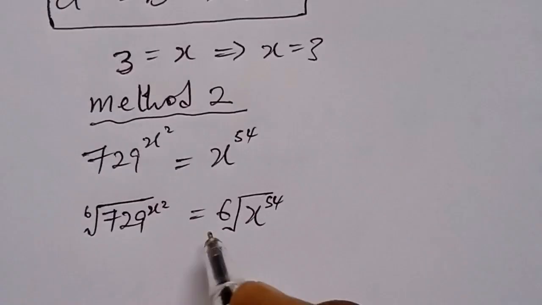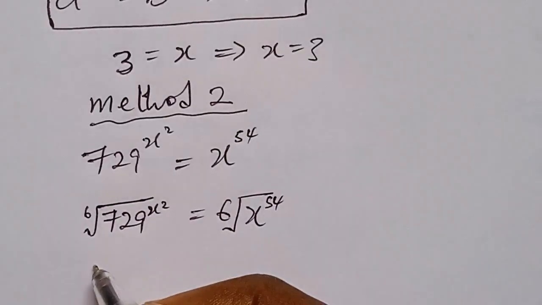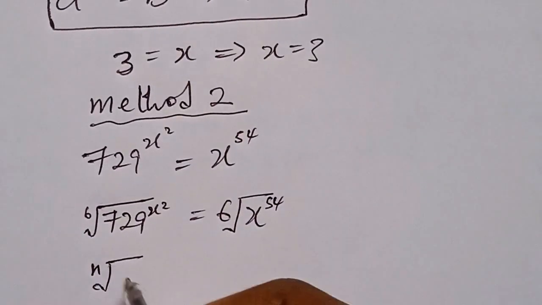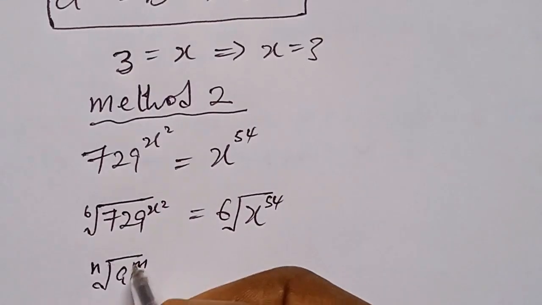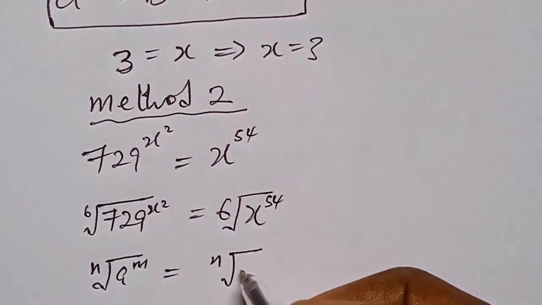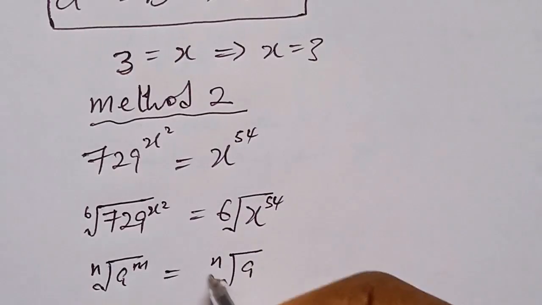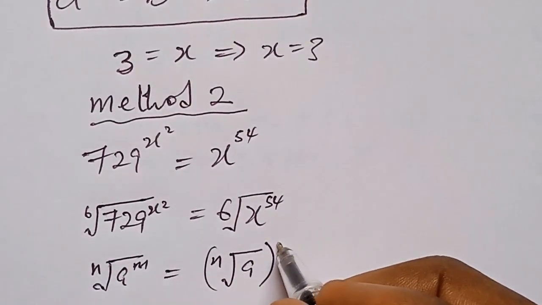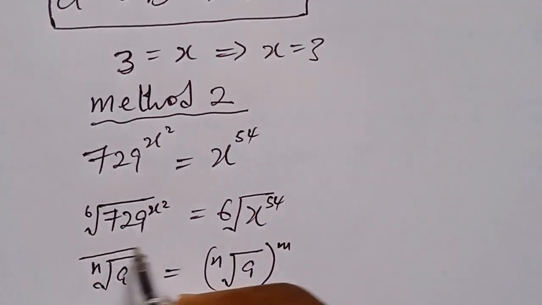From this step, we consider this identity: nth root of a to the power of m is equal to nth root of a in brackets to the power of m.